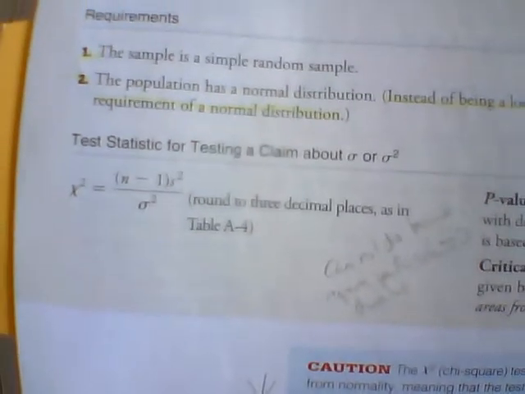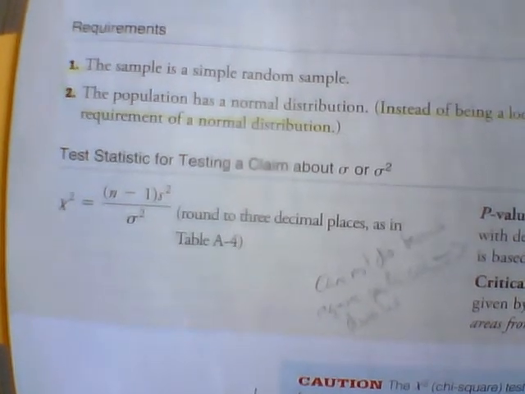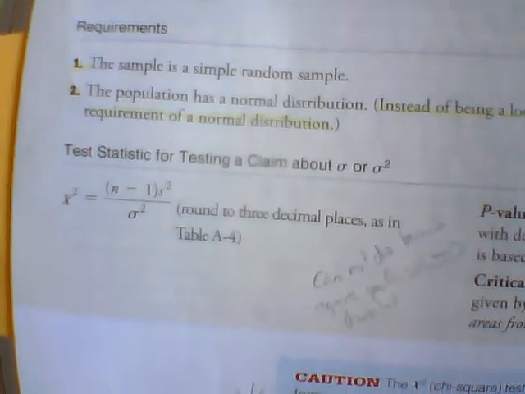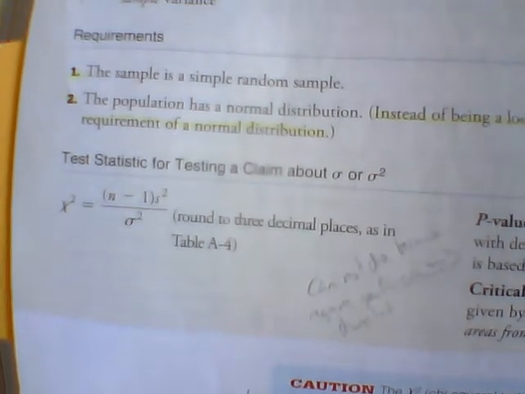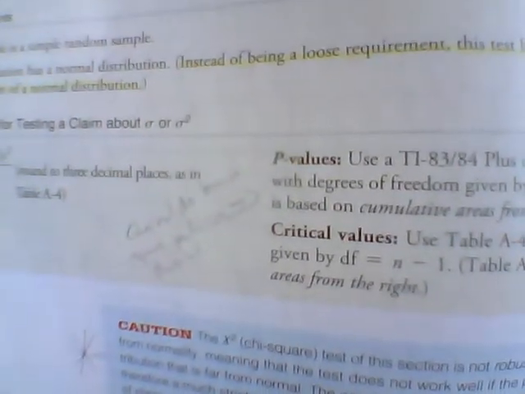What we'll be looking at is the test statistic in here. Chi-squared equals n minus 1 times our sample standard deviation squared, divided by our sigma squared, rounded to 3 decimal places. One of the notes in here, once again, is that we could use our p-value or our critical values. If you notice, I have it written there.